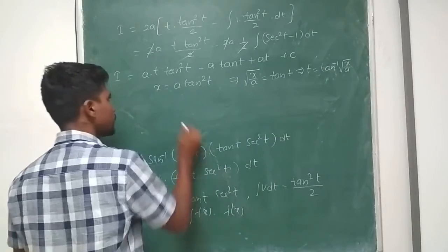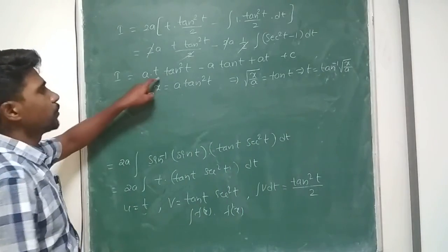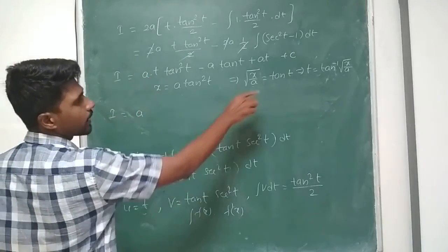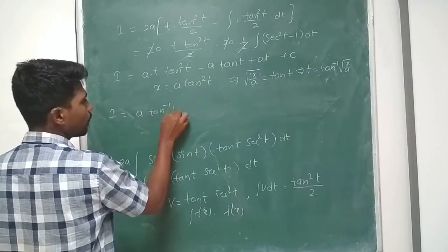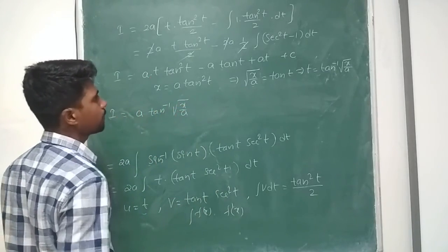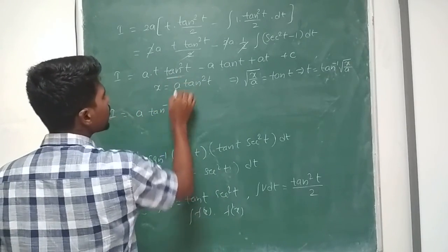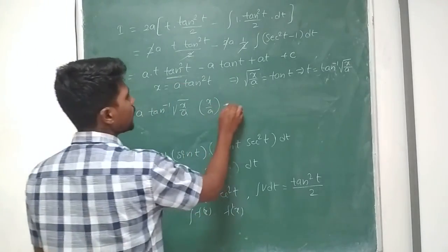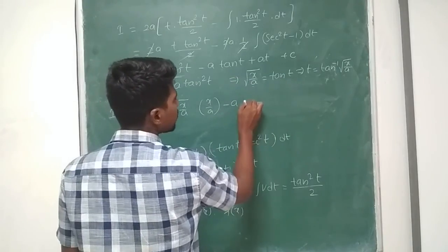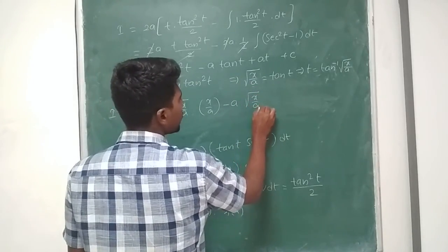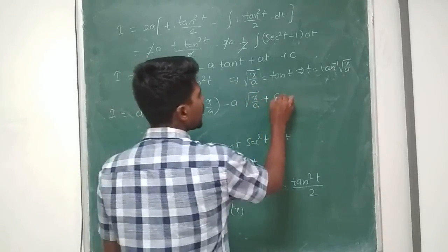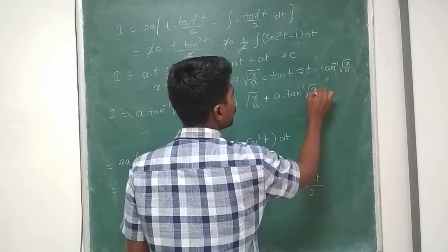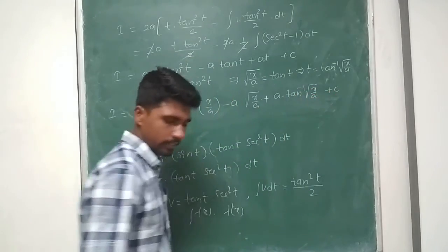So these are the three steps I am using. I want to substitute in this particular I. So I is equal to a into t, tan inverse of root over x by a, into tan square t, which is nothing but x by a, minus a into tan t, which is nothing but root over x by a, plus a into t, which is tan inverse of root over x by a, plus c.